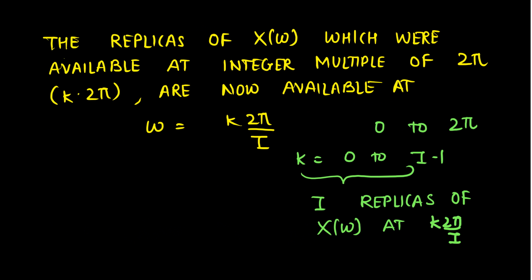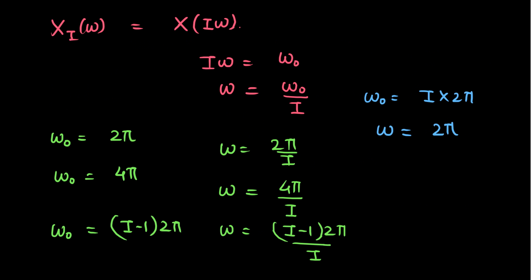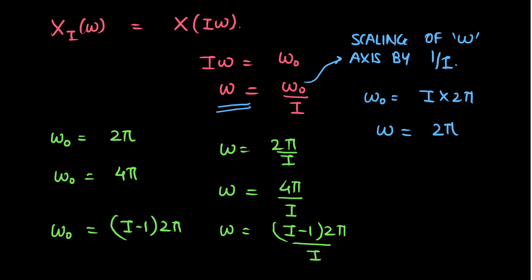So instead of having X(omega) replicas, we are now having X(I omega) replicas, and we saw that the new frequency is given as omega equal to omega naught by I, which means that we are having scaling of the omega axis by 1 by I, which means that now we are having some kind of shrinking effect in the frequency domain.